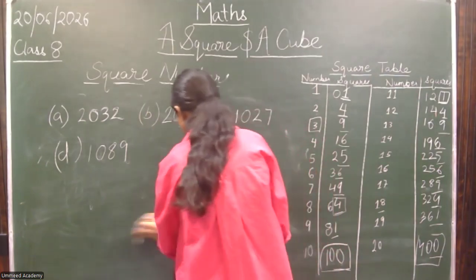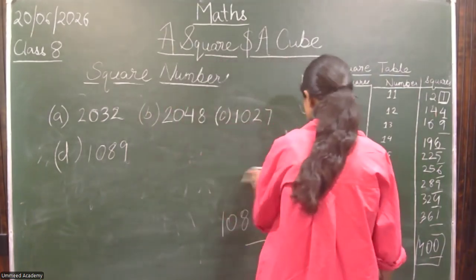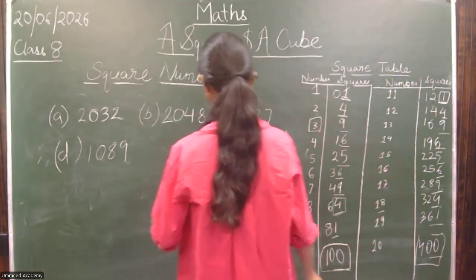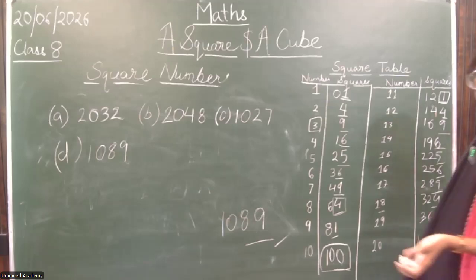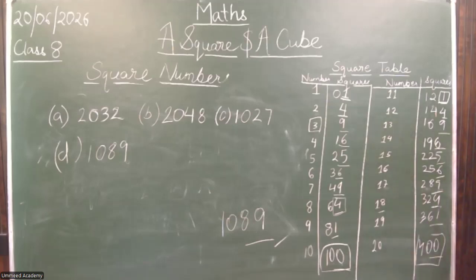Ma'am, by the help of prime factorization. Yes, you can do it by the help of prime factorization. अच्छा, tell me how. Ma'am, we will prime factorize it and then we will do its square root. Let's not bring square root here.